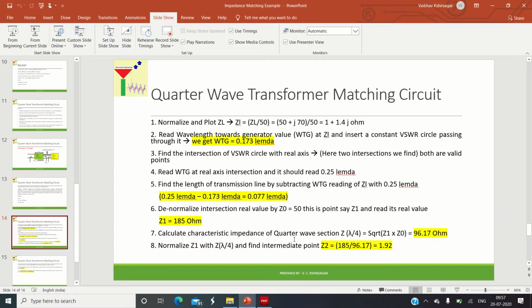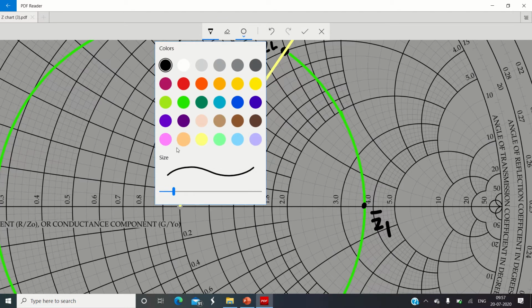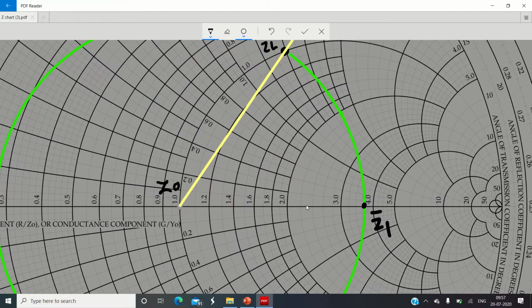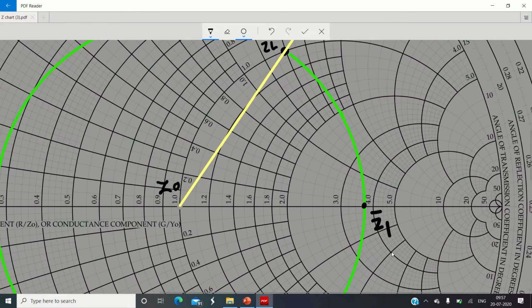Right, so this 3.7 multiplied by 50 ohm, so Z1 bar. Here I will write the denormalized value. So this value is equal to 3.7 multiplied by 50, because we need to denormalize it in order to read it into 50.